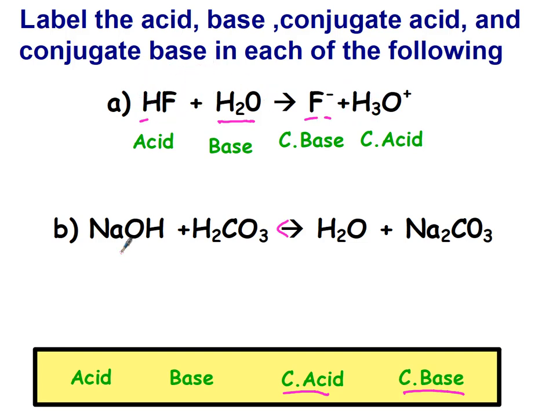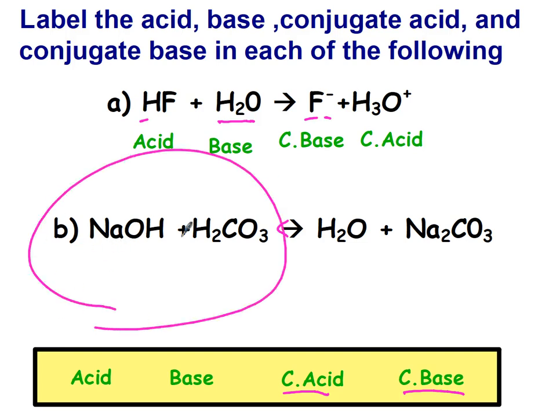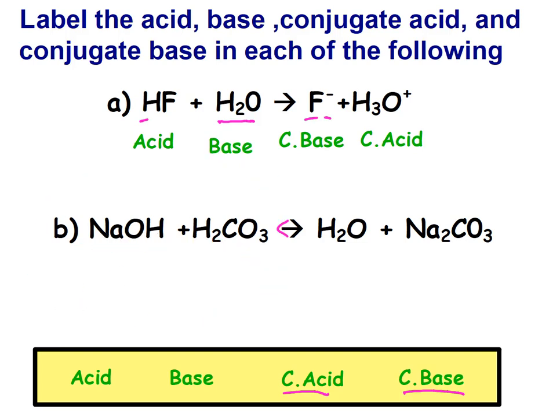This one is a little bit more complicated because we had spectator ions still in there. But these two are related to each other, so they're conjugates. And those two are conjugates of each other. If we eliminate the spectator ion of sodium, then you can see it a little bit more clearly.